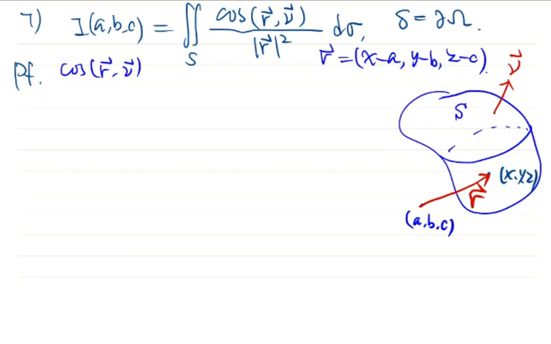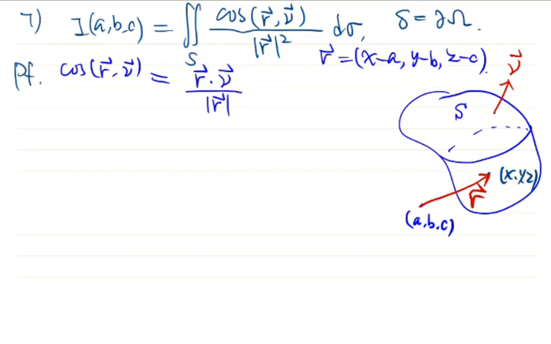Okay. So by the geometric interpretation of the inner product, this cosine is just the inner product of R and nu divided by the norm of R, because the norm of nu is 1.